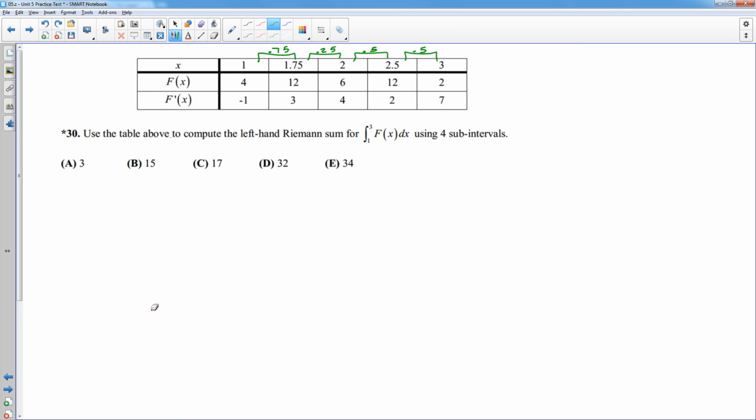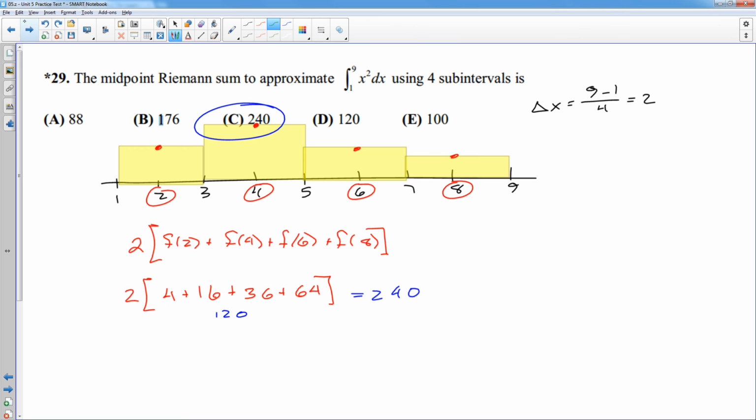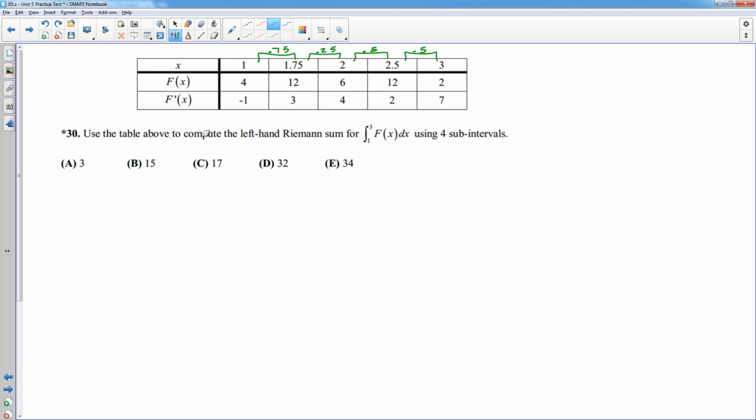That means we can't use a standard formula where you factor out the bases like I did on number 29. So if I'm going to do Riemann sums here, I've actually got to treat it as 4 independent rectangles. And I am using the left-hand side as the height.